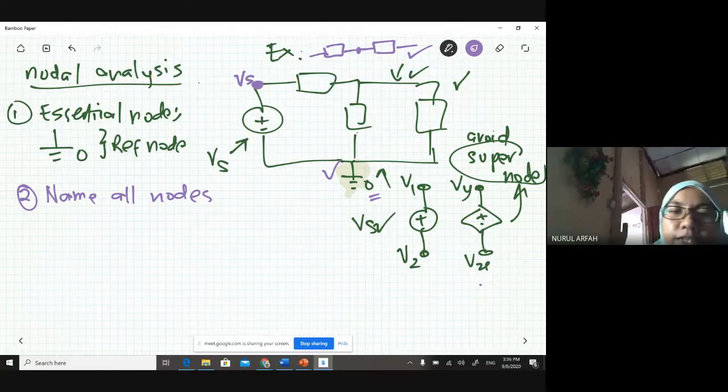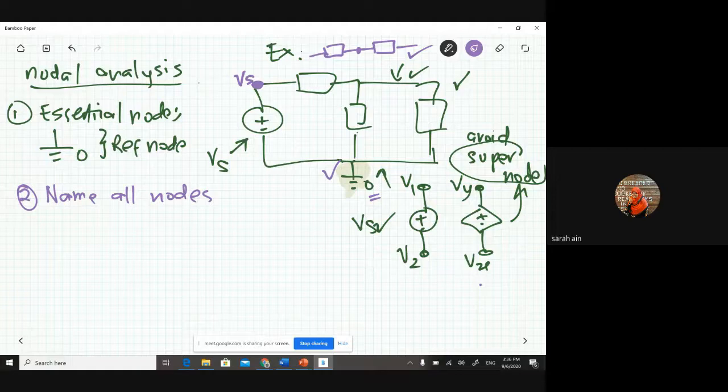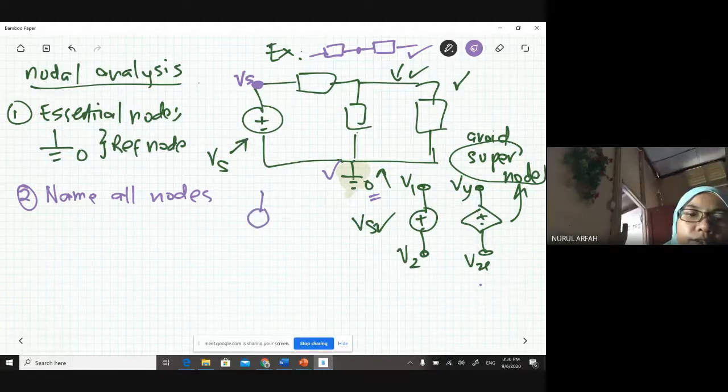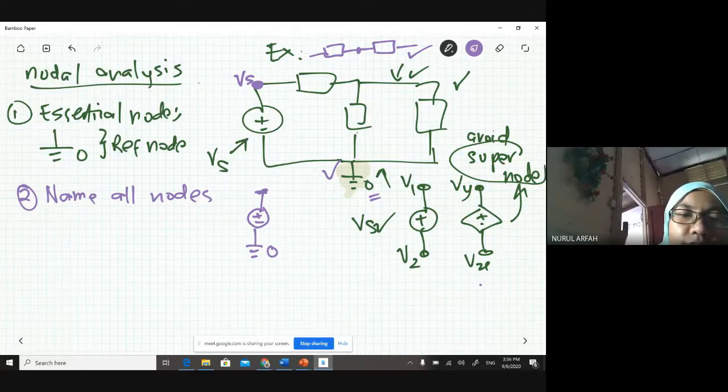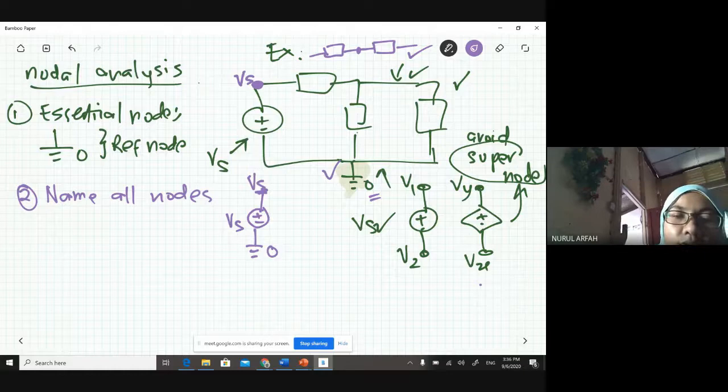Why do we call it VS? Same as the source. If you have one point referred to as your V reference, which is 0, then the other side should be the value of your V source. So in this case, the value is Vs, then you put this one as Vs. Or we can do plus minus.